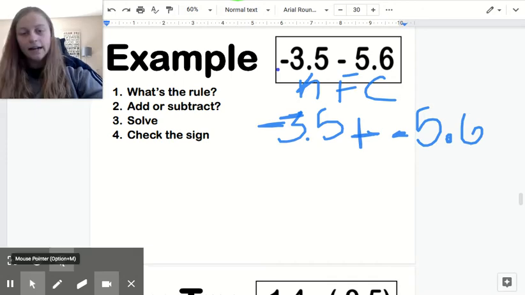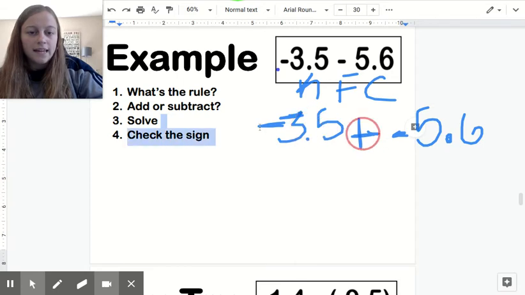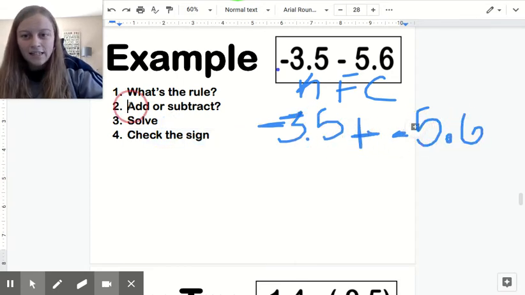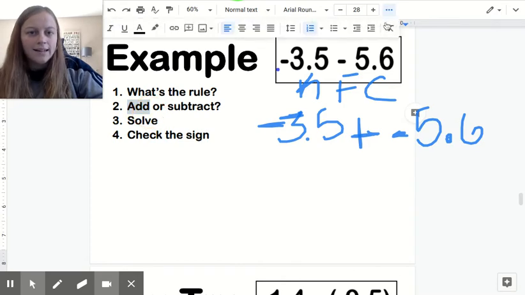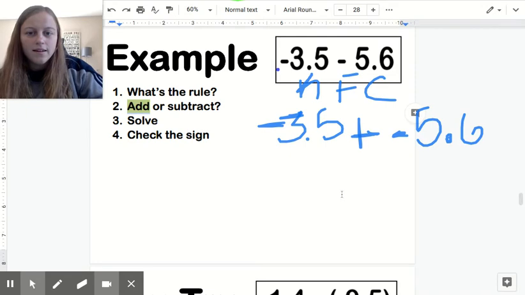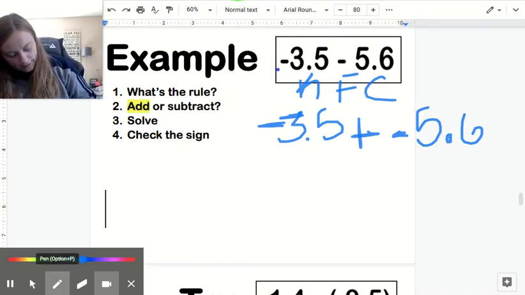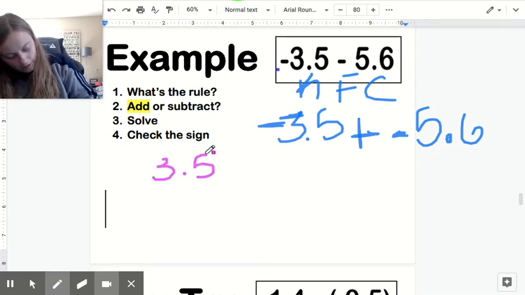Now I can decide, am I going to add or subtract? Well, I have the same signs here, same signs, add and keep. So I'm really going to add these two digits together. So 3.5 plus 5.6, remembering to line up our decimals.